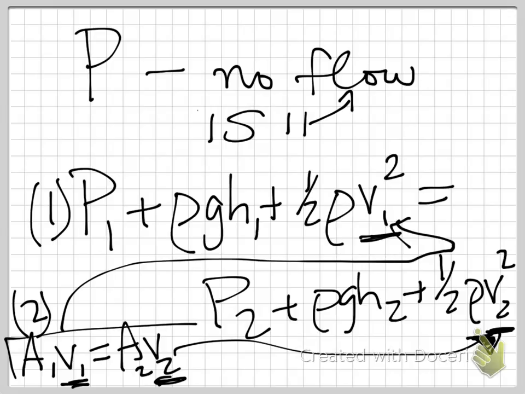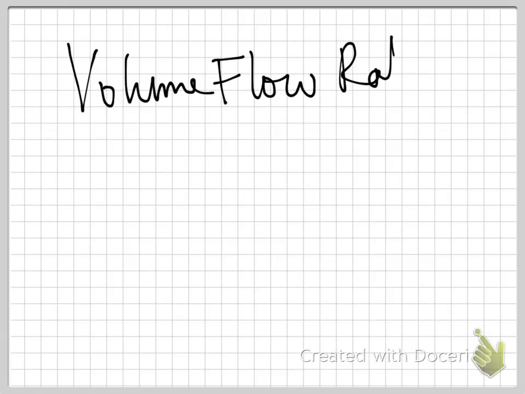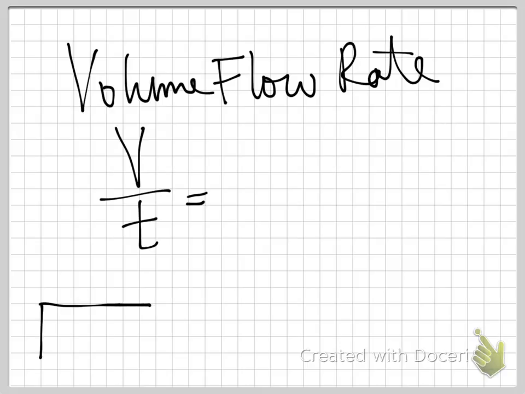Remember this A1 V1, A2 V2, people are forgetting what the definition of that is. That's the volume flow rate. Again, this was derived in class, but it's volume over time. And we talked about, you have a pipe, maybe it changes.